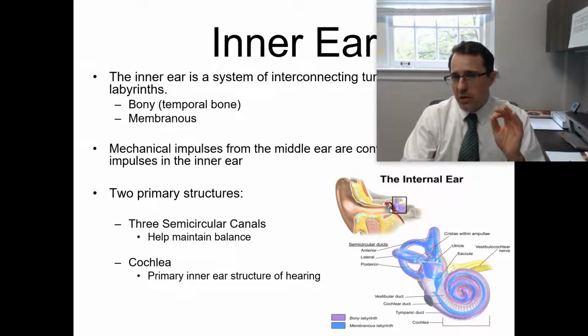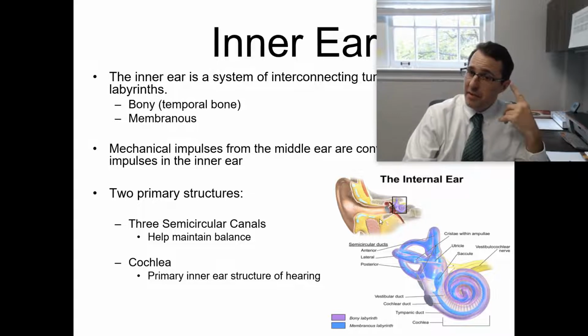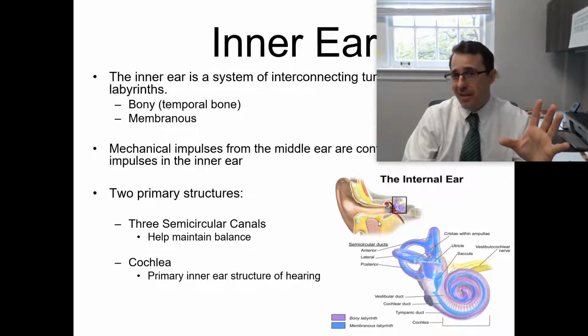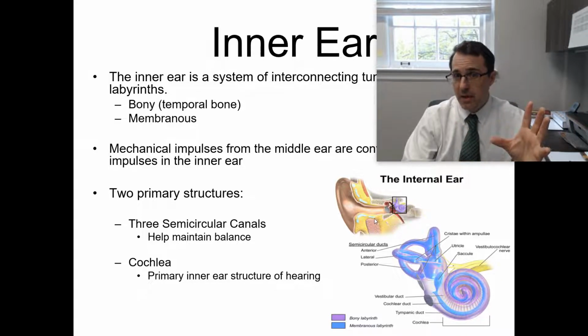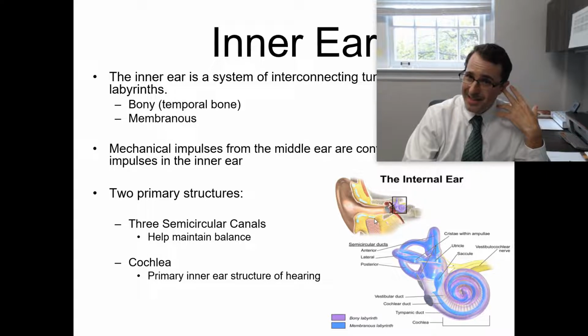So as long as you have a cochlea intact, you can have some form of effective hearing. But if you don't have a cochlea, or if your cochlea is damaged, then there's nothing you can do to compensate for that. It doesn't matter if you have an intact outer ear and intact middle ear.